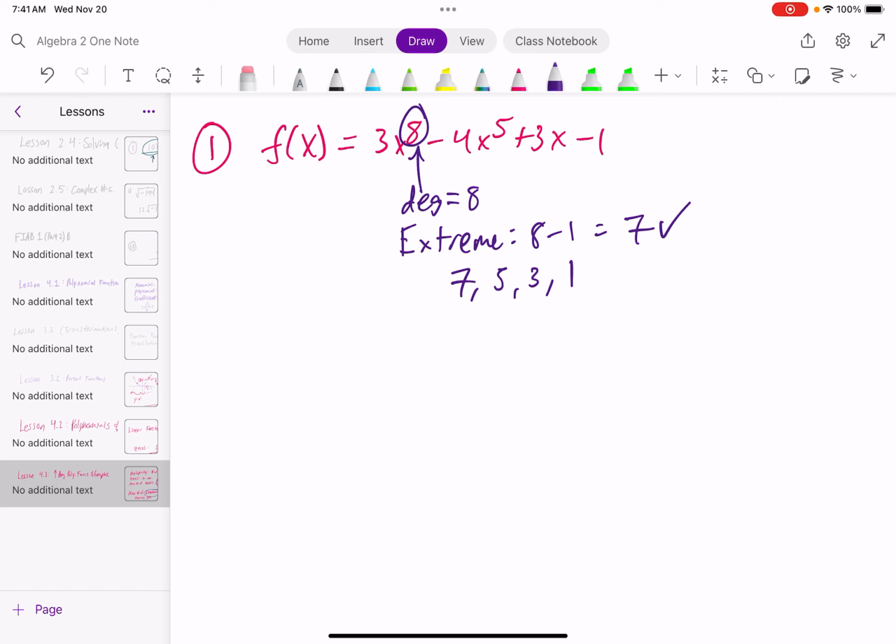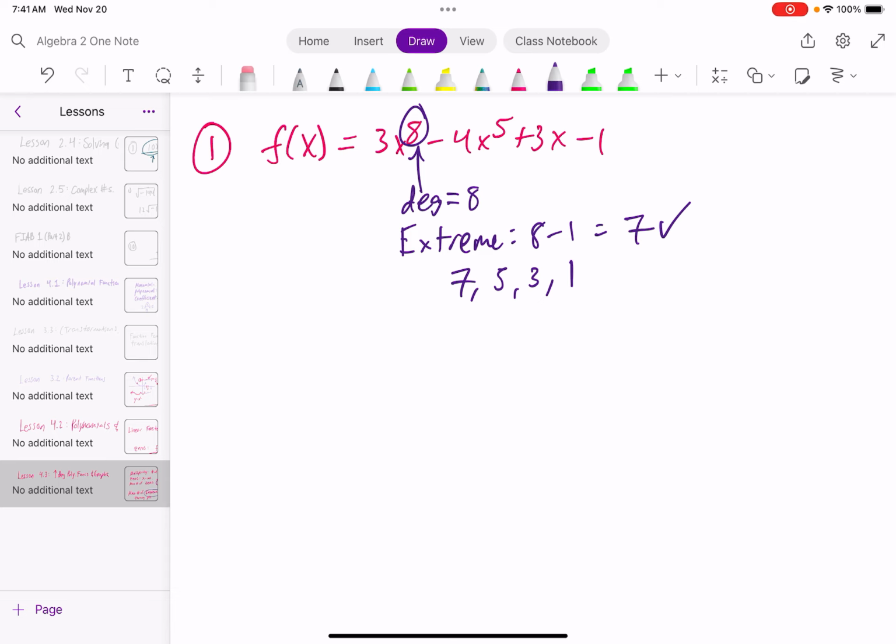So that is the answer. If I'm looking at the notes here, it doesn't exactly explain why it goes down by 2, but that is the answer.